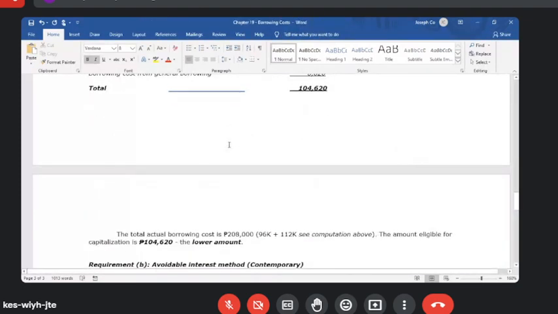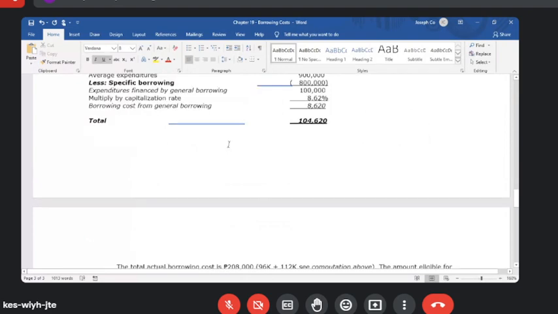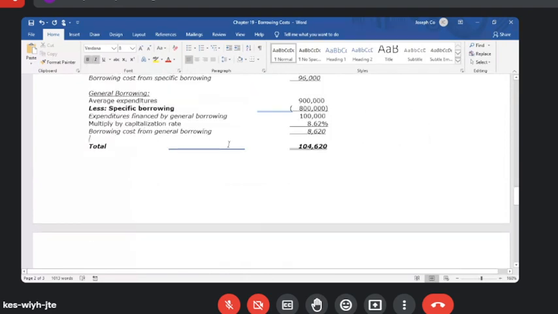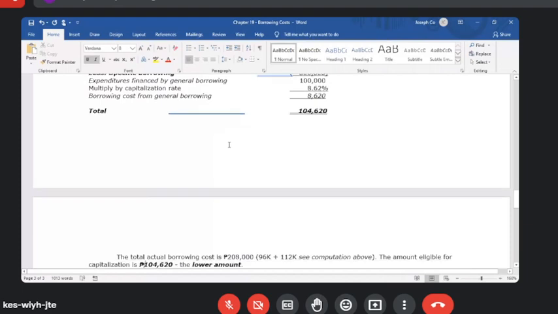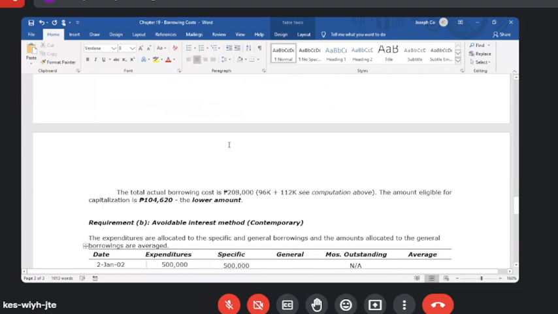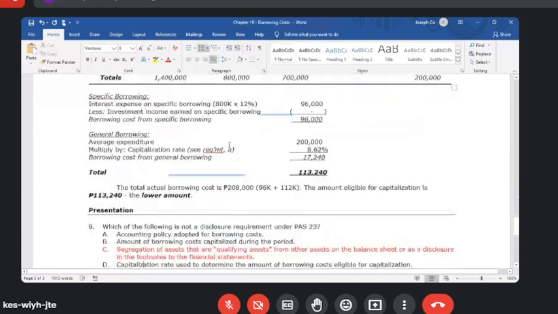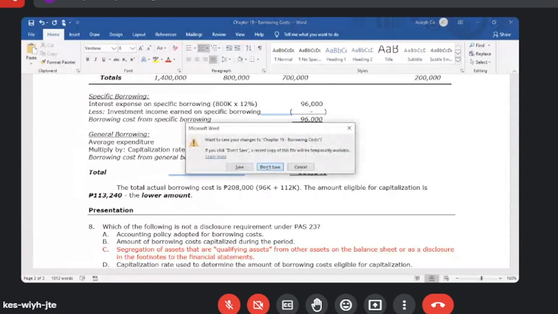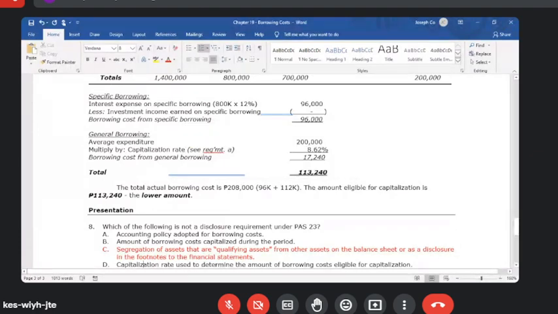Tapos, yan. 1, 2, 3. Okay? Yung contemporary, hindi natin discuss yun. And last, number 8 is letter C. Okay? Punta tayo ngayon sa government grant.